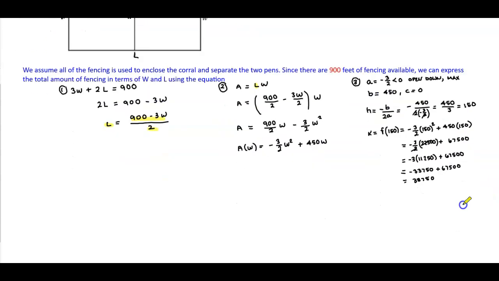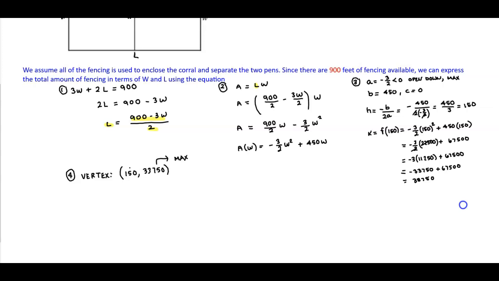So what does that tell us? What that tells us is that the vertex is located at 150 and 33,750. This represents the maximum amount.